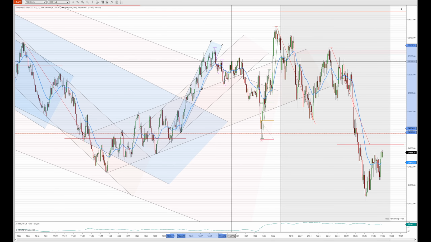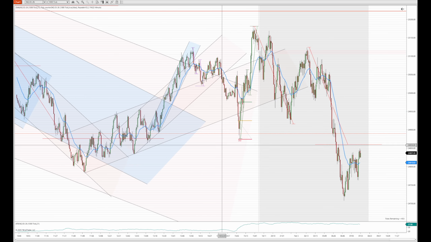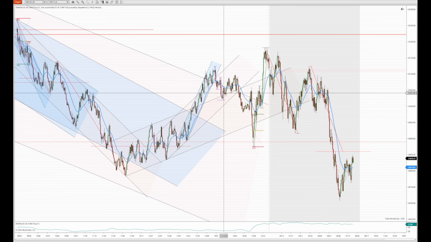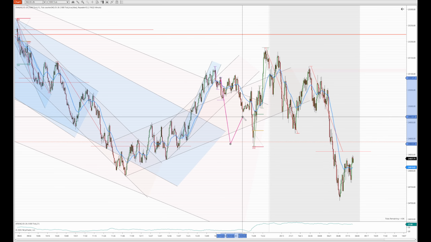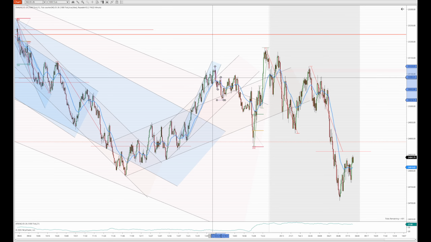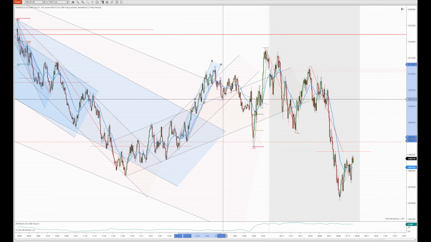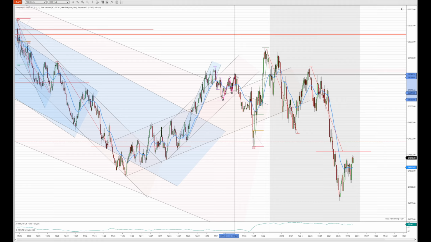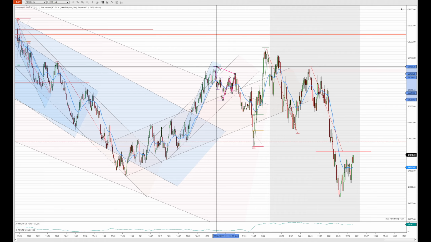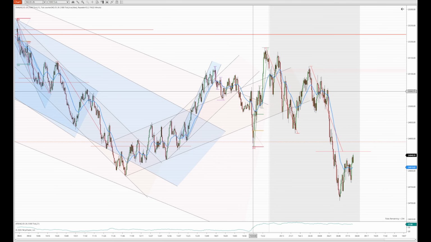So you get a break, and then after you get the break, you have two options. Either this second leg will push out eventually to form a new low, or as in this case, it just holds at this level, and then it attempts to play out this small uptrend first. So you have two pushes attempting to play out this blue uptrend, and then it fails to do so.